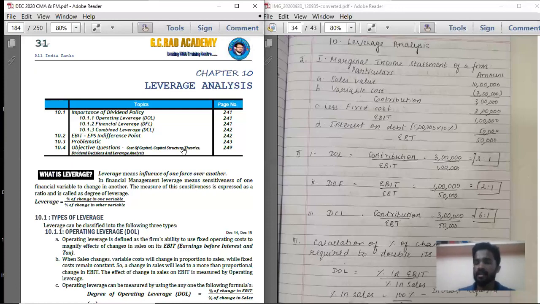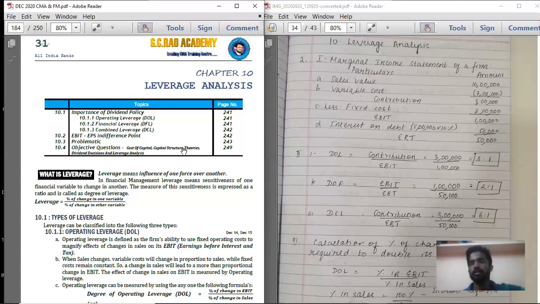You would have studied this in marginal costing, that variable cost will be the same per unit, but variable cost will vary as total. But fixed cost will be the same as total, but fixed cost will vary per unit. If you calculate fixed cost per unit at different quantities of production, it will vary. Whereas if you calculate total fixed cost, it will be the same at different quantities of production. So this is the concept of fixed cost.